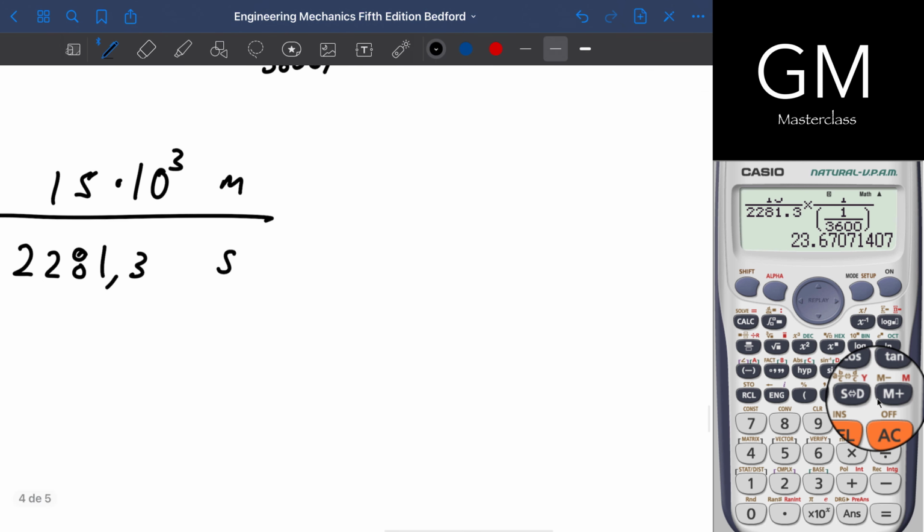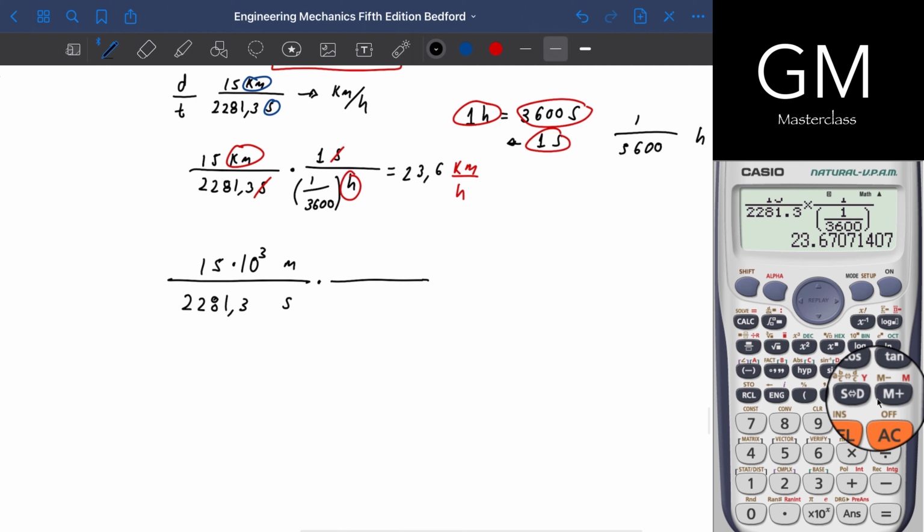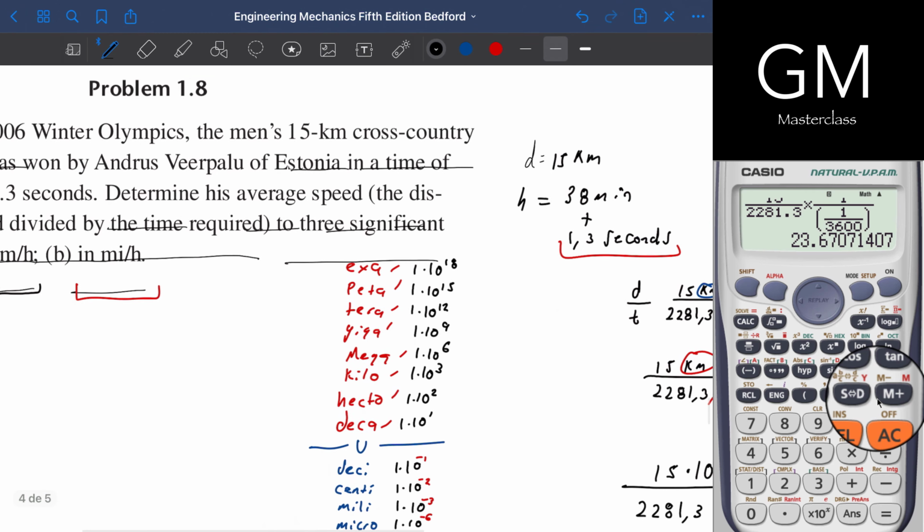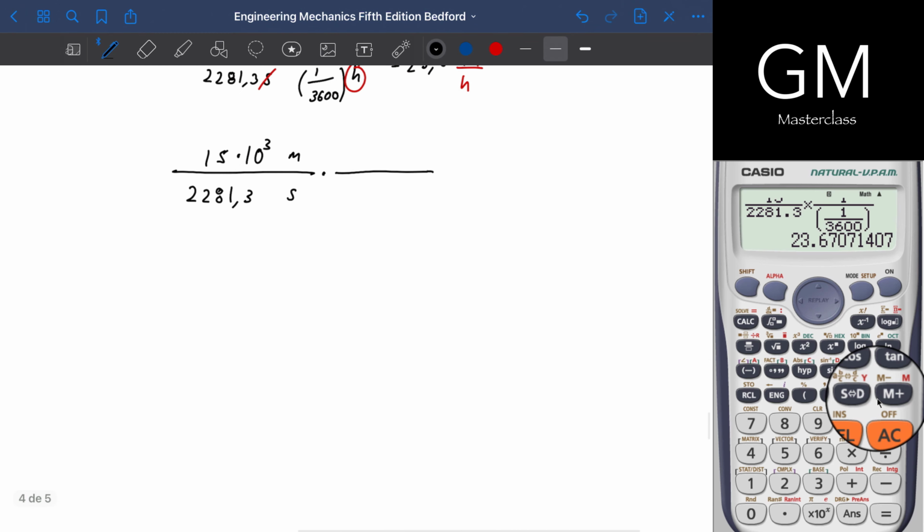So now that I've eliminated the prefixes that were used, then I'm going to eliminate the meters, because I'm converting from what? To miles per hour.